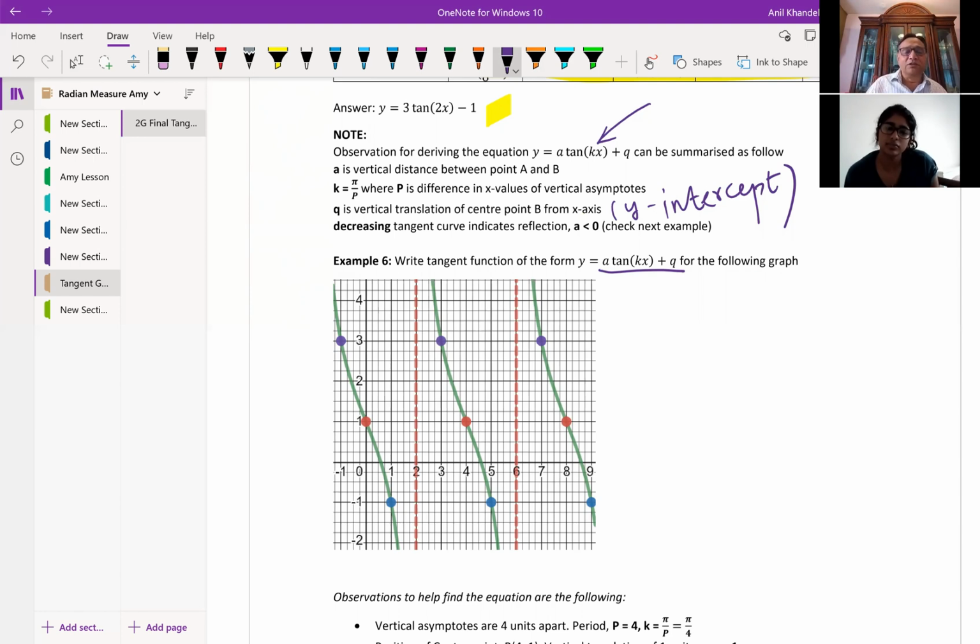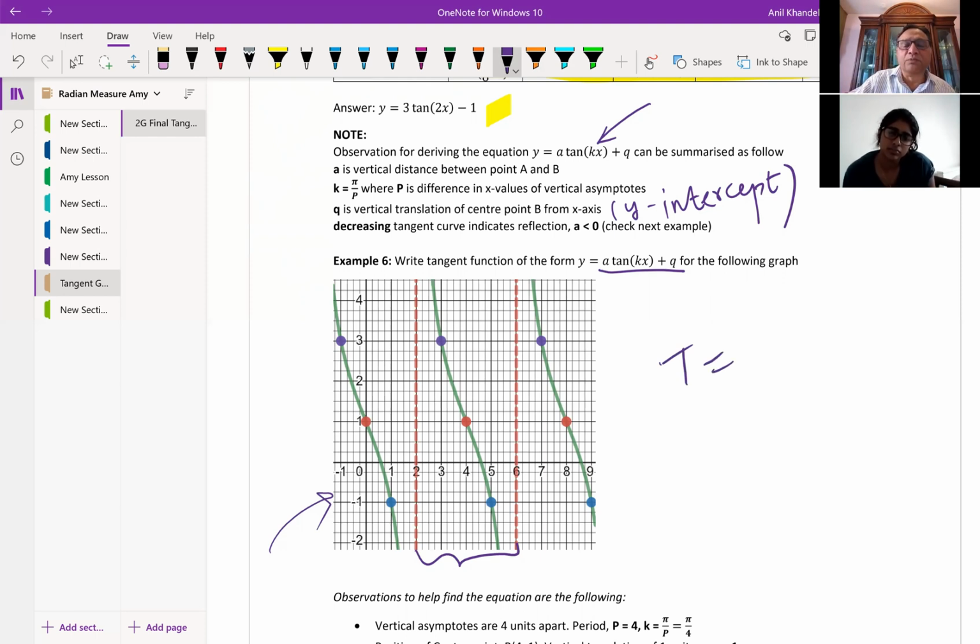Now, sometimes we are not really showing you the other half. For example, in this case, we are only showing you the tangent graph on the right side of the y-axis, so you cannot see the left side. So what you have to do is see what the period is. Always look for at least 2 asymptotes for the period.